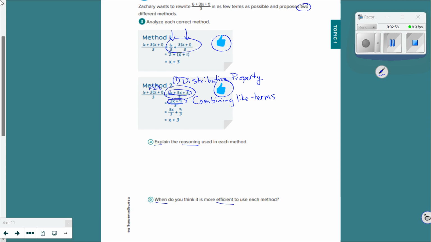Okay. Then what did he do? Nobody knows what he did? Go ahead. Okay, so he then split into fractions, right?